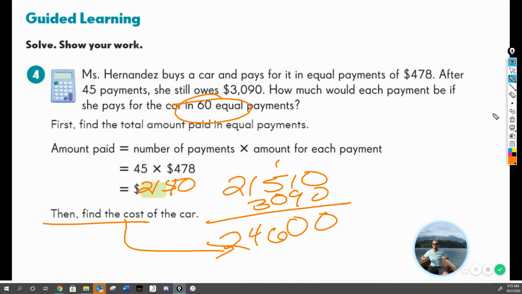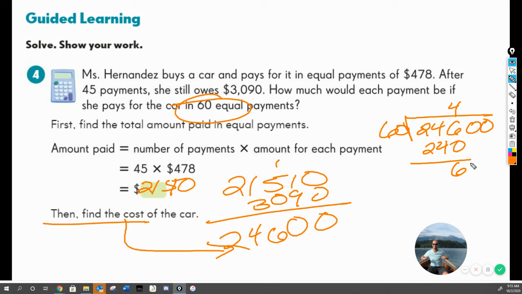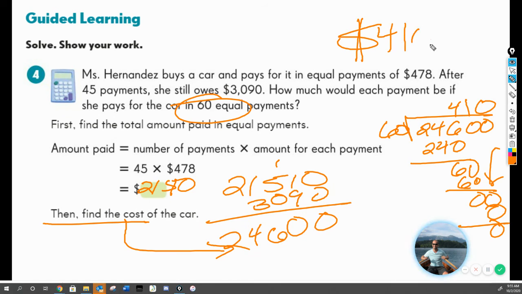If she had done it in 60 equal payments, 24,600 divided by 60. How much would each payment be? $410.